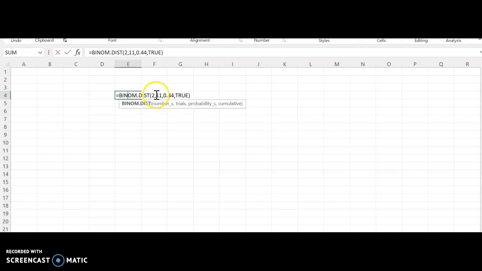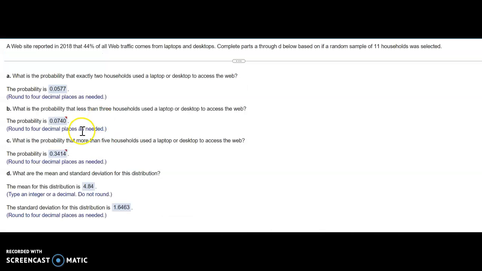So we're going to do all the way up to 5 cumulative, and then subtract out the probability of the side that I don't want, and I will get the probability of it being greater than 5. 0.3414.